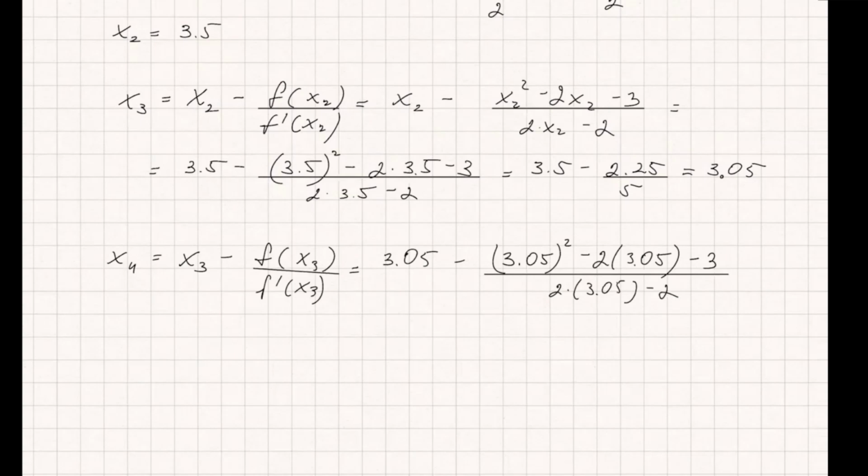And if you calculate it, you will get a value that is 3.0006, which is much, much closer to 3 than the previous iteration.